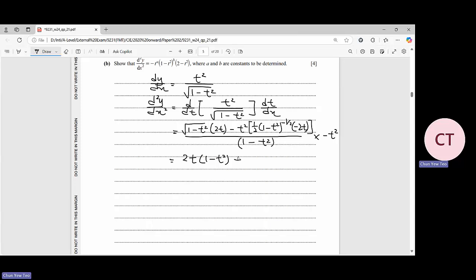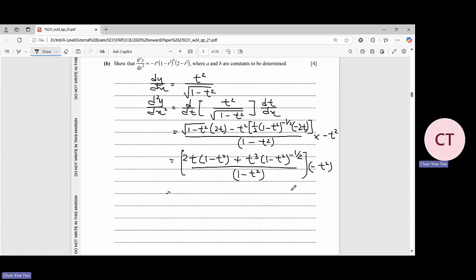You get a plus of 2t cubed. Not 2t cubed, the 2 has been cancelled. You have a t cubed and 1 minus t squared to the power negative half, over 1 minus t squared. Then the whole thing here needs to be multiplied by negative t squared.